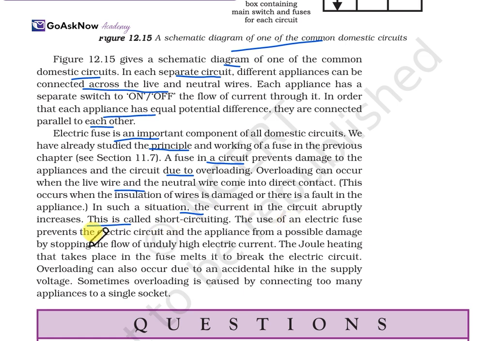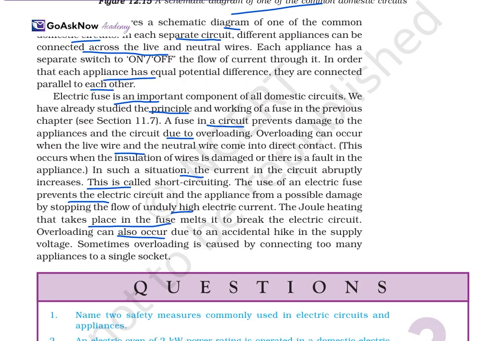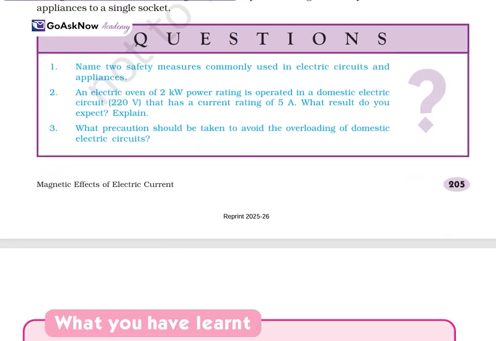The use of an electric fuse prevents the circuit and appliances from possible damage by stopping the flow of unduly high electric current. Joule heating takes place in the fuse metal. Circuit overloading can also occur due to an accidental rise in the supply voltage, or by connecting too many appliances.